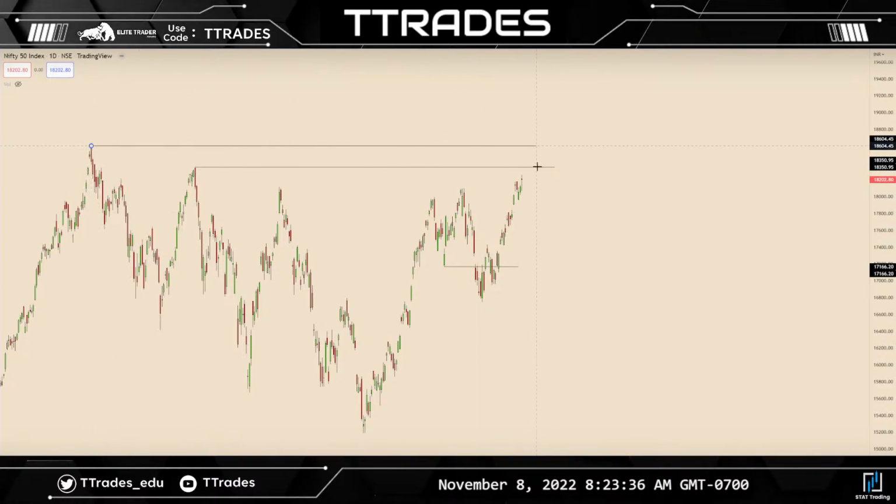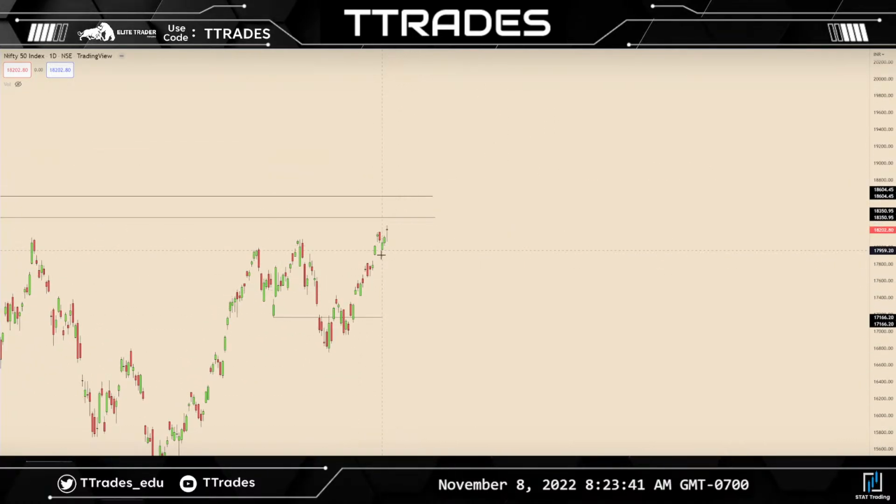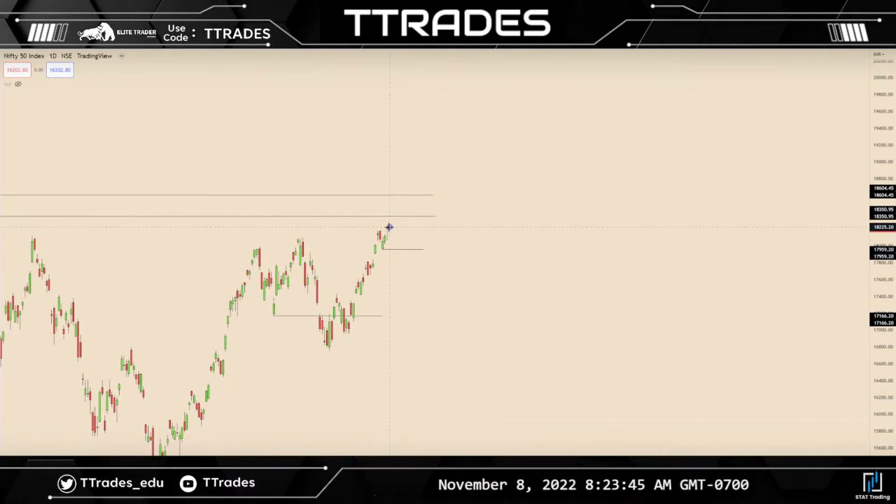Do you displace over them or do you fail to displace? If you fail to displace, then you want to target the other side of the range. And once again, we have a broadening formation. So all it is, is taking highs or lows.